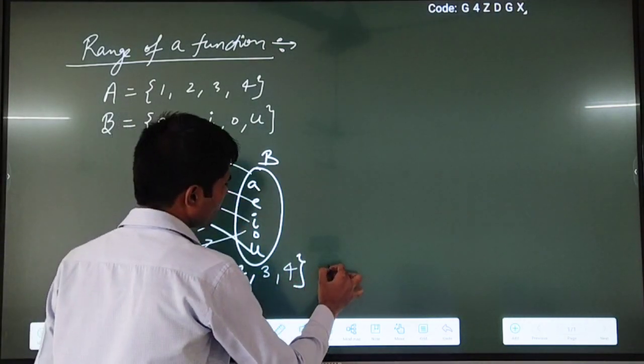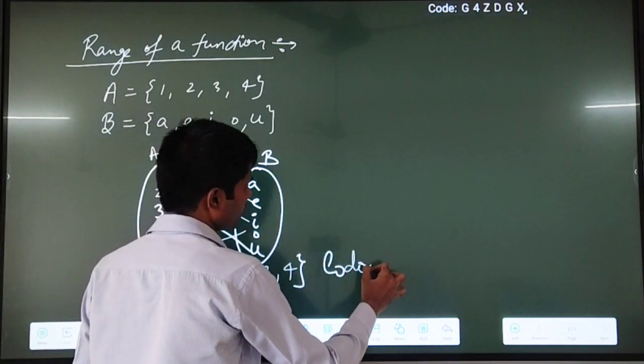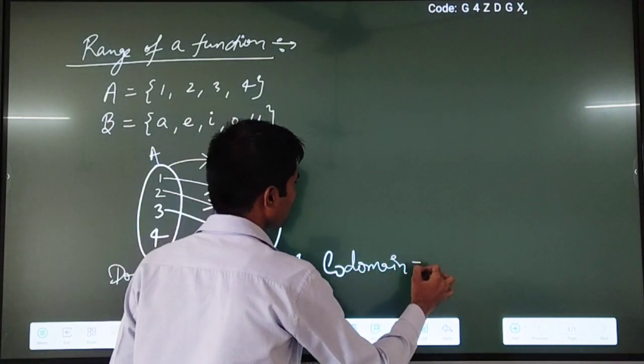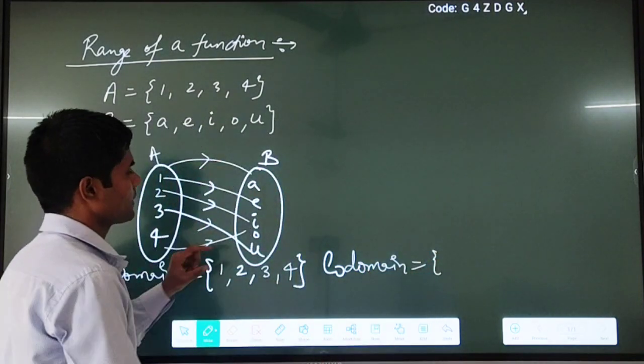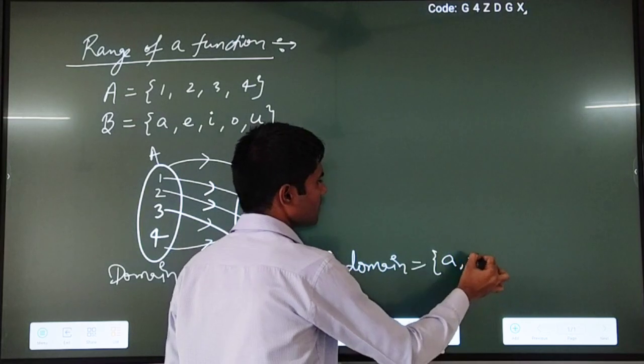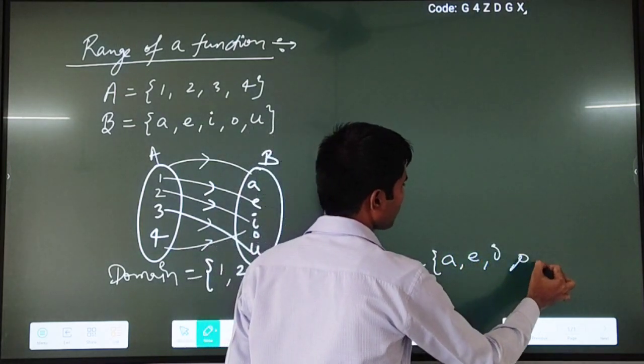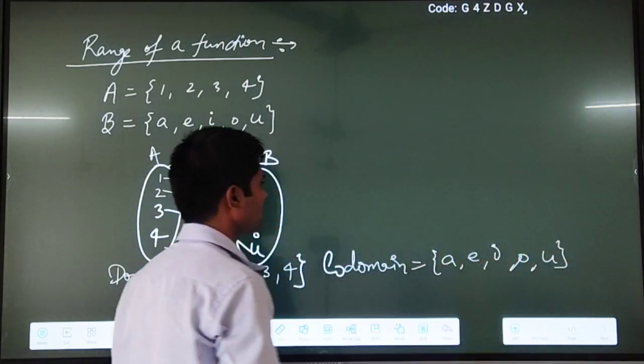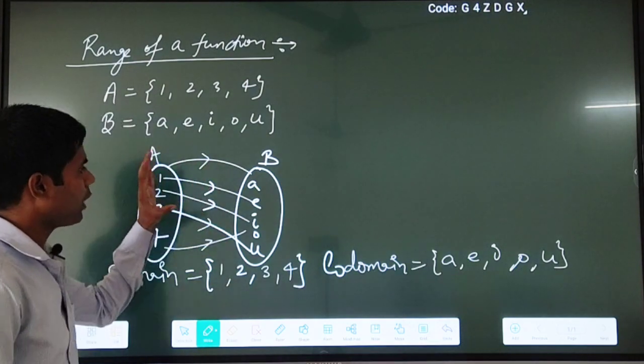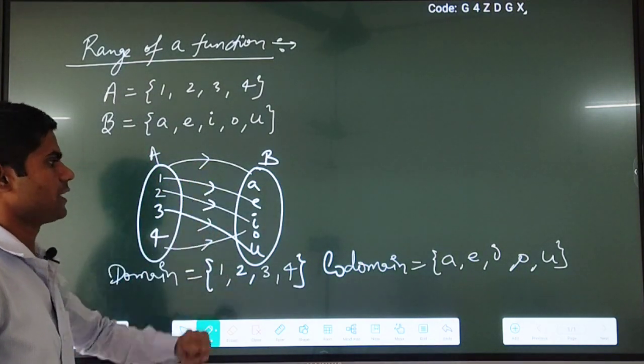If you are talking about codomain, it is all the elements of set B: a, e, i, o, u. Okay students, in set B, how many elements do we have? 5 elements.